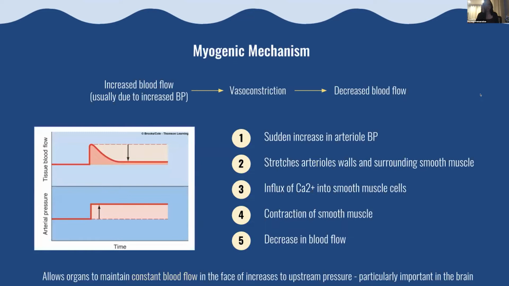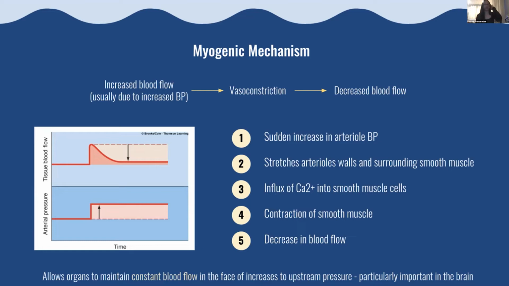Now there's the myogenic mechanism. So this is pretty much if you have increased blood flow, usually because of an increased blood pressure. So you kind of have increased pressure against your arterial walls. You get this vasoconstriction, which sounds kind of counterintuitive, but it will result in a decreased blood flow.